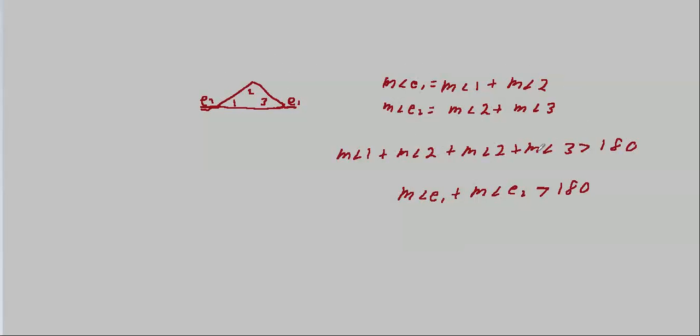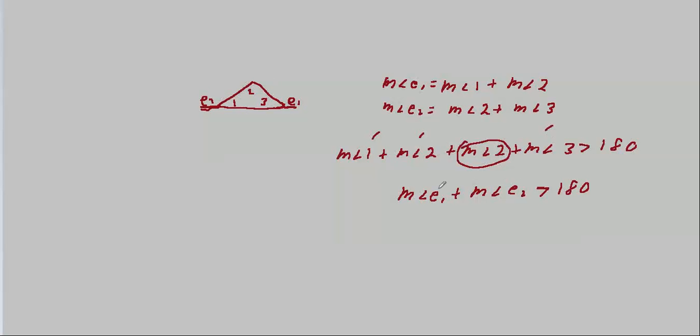Why? Well, because this is non-zero. And the sum of these three is exactly 180. No way around that. Triangle sum theorem. 1, 2, 3. Add these up, you get 180. If you throw something else in there, unless it's 0, you must have something greater than 180.